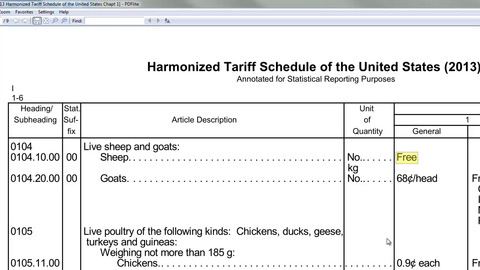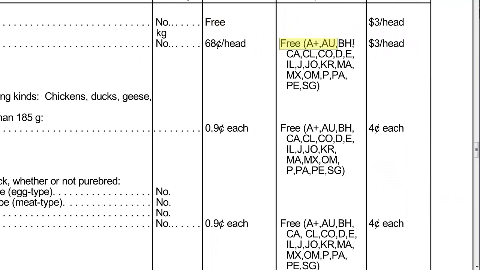So during the quota period, we may have to pay up to 68 cents per goat unless we get it from one of these countries right here where we have a free trade agreement or there's a special relationship where we could bring the goats in for free.